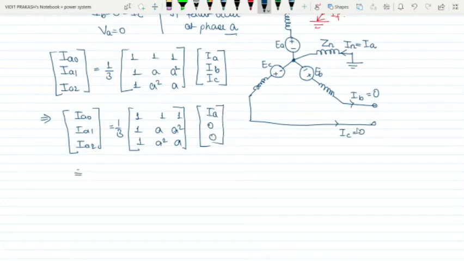Now, if you solve this and find the value of all the symmetrical component currents, you will get IA0 is equal to 1 by 3 IA, is equal to IA1 is equal to IA2, right? So all the symmetrical component currents will get the same value, that is 1 by 3 IA. Okay.